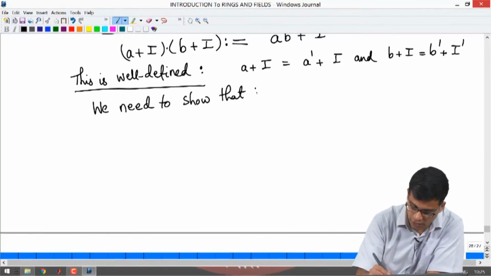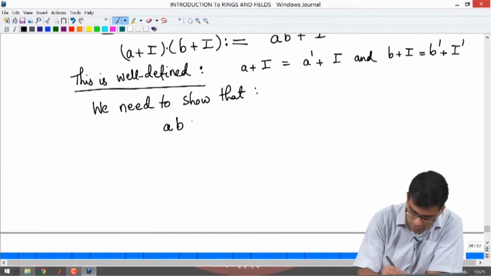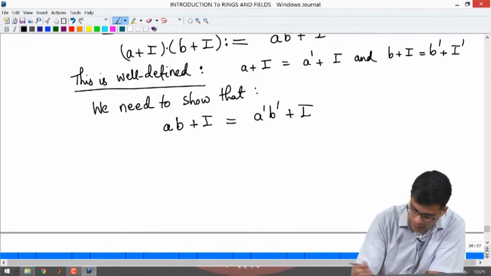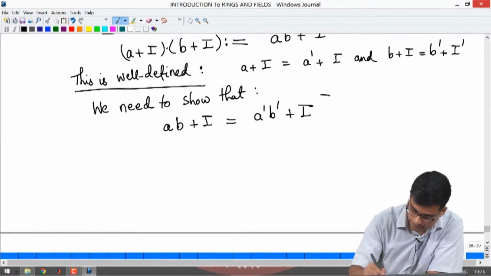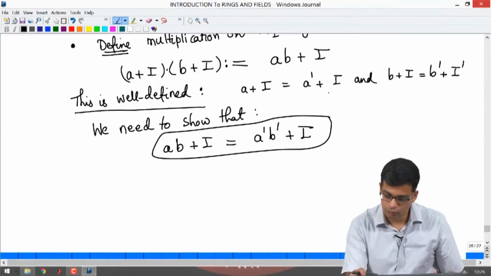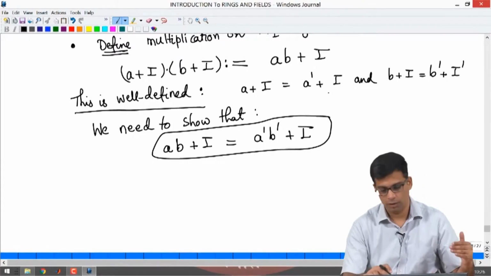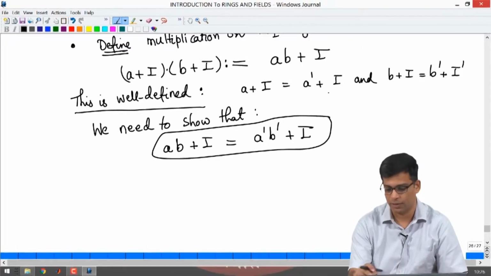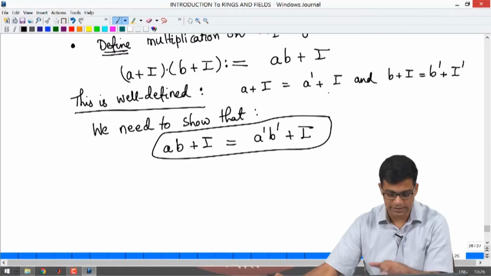So, in other words, we need to show that ab plus I is equal to a prime b prime plus I. If I show this, then I would have checked well definedness, because no matter what I choose, a plus I or a prime plus I, or b plus I or b prime plus I, I would get the same result.